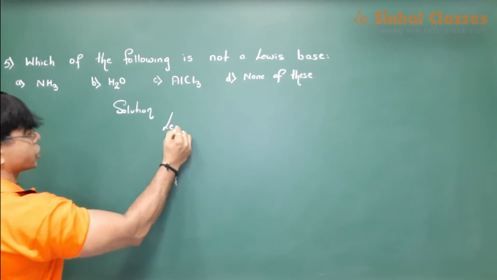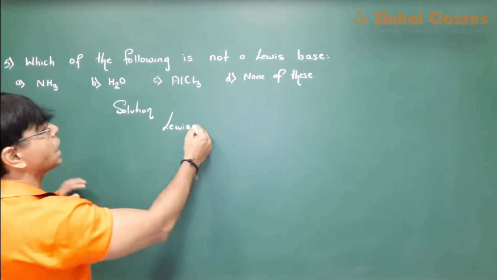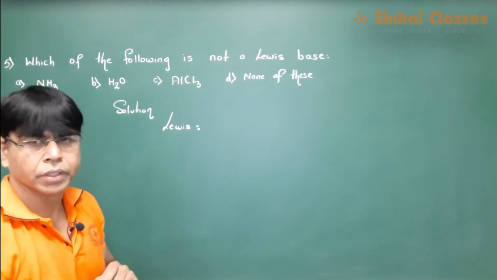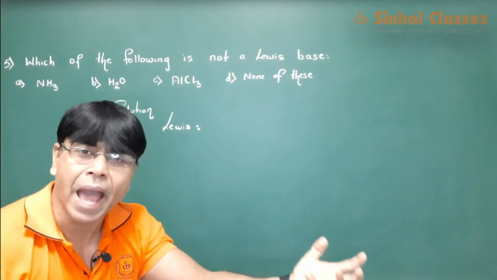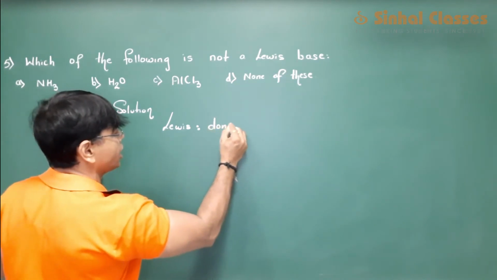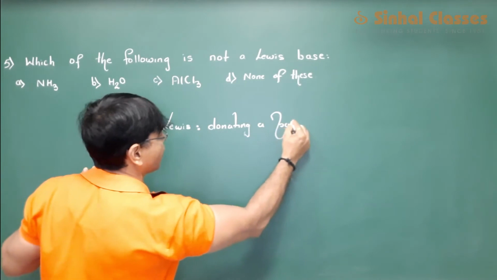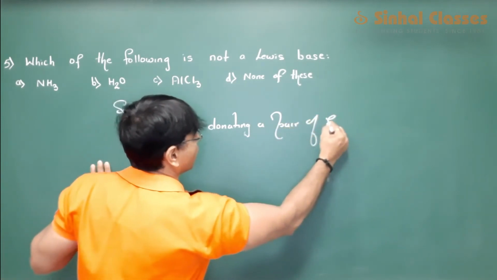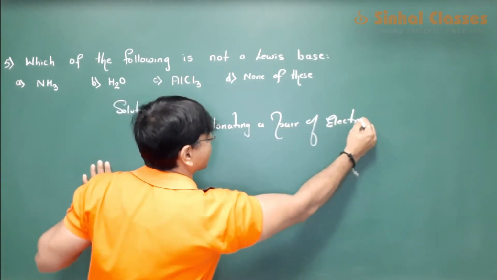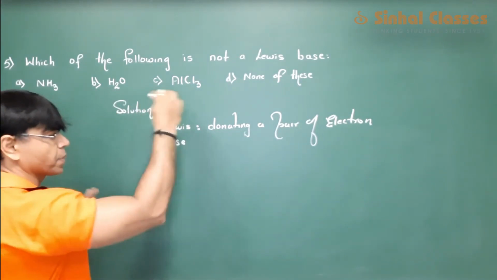According to Lewis, a substance which is capable of donating a pair of electrons is a Lewis base.